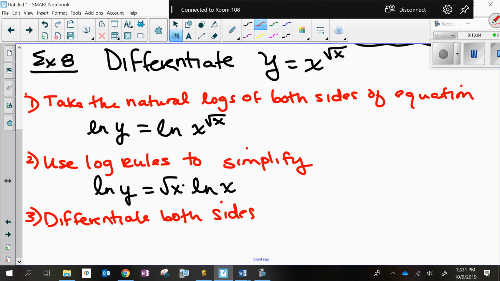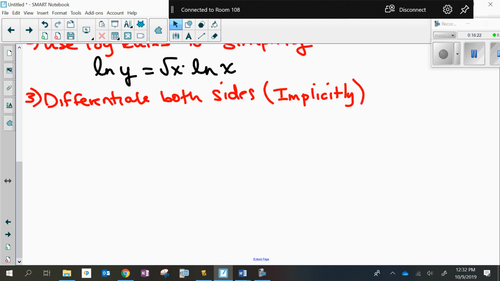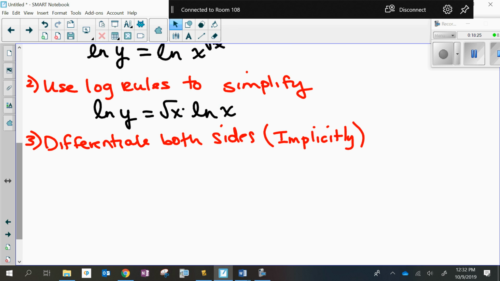And what we did is now we don't have y equals, so it will have to be implicit differentiation. So what does that look like? ln y, what's the derivative of ln y? It's 1 over y times dy dx.